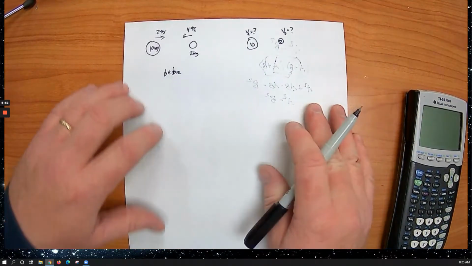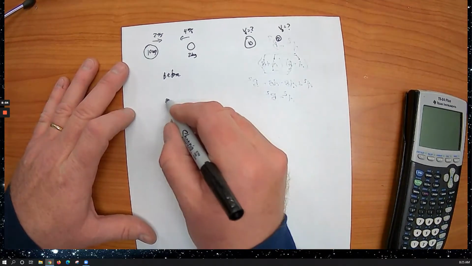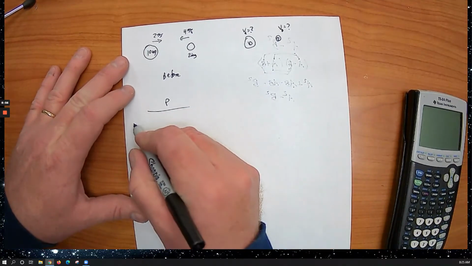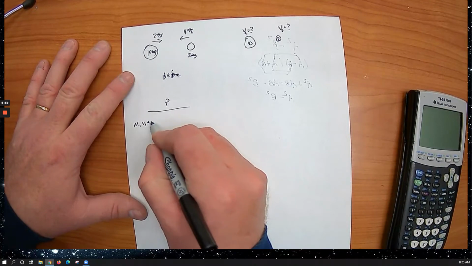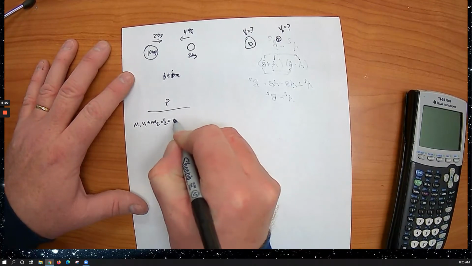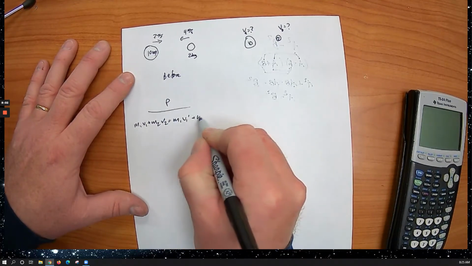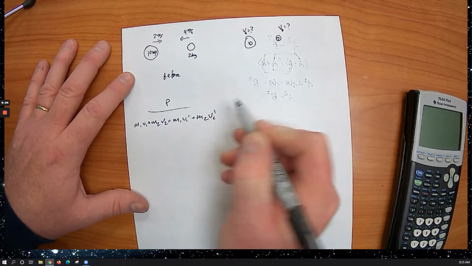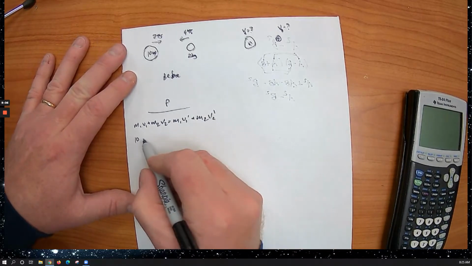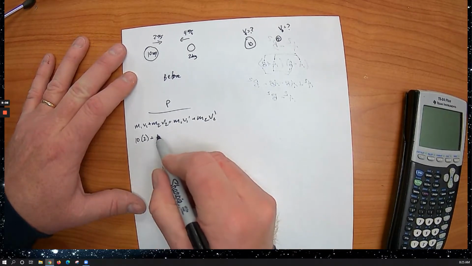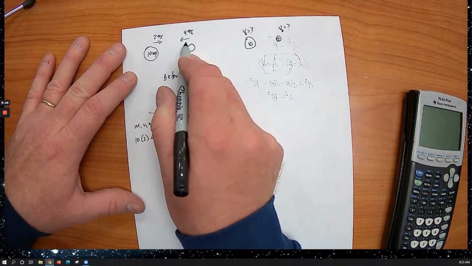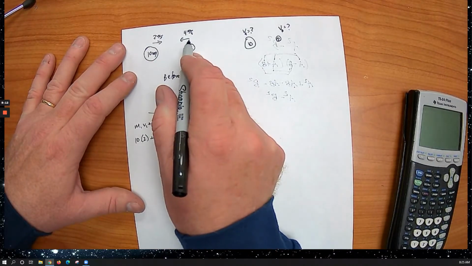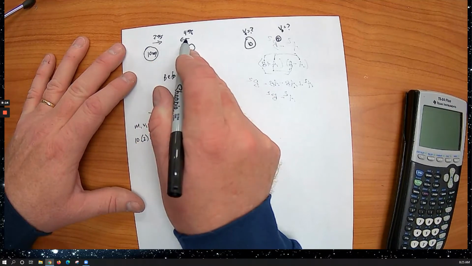Okay, so I can use conservation of momentum, right? M1v1 plus M2v2 equals M1v1 final plus M2v2 final. So here I've got 10 times 2 plus 2 times... now, direction is extremely important when doing conservation of momentum problems. If to the right is positive, then to the left must be negative.